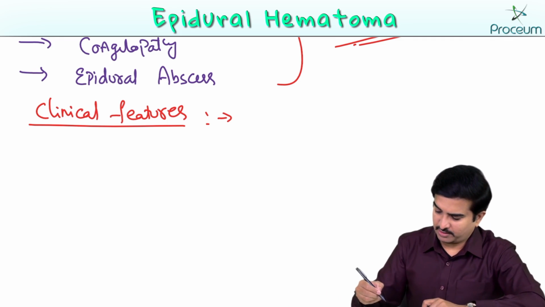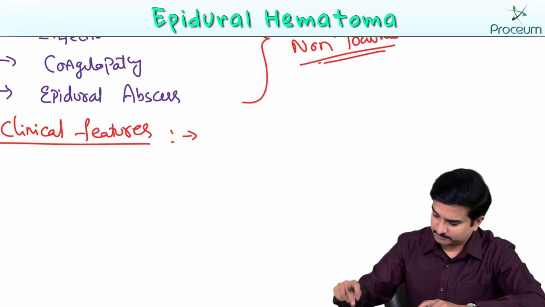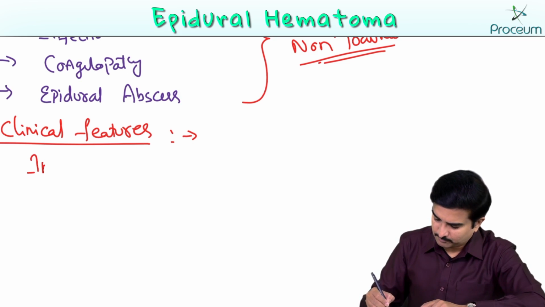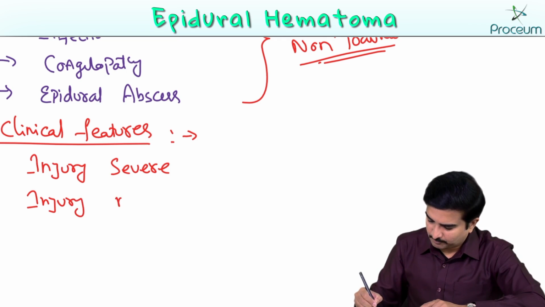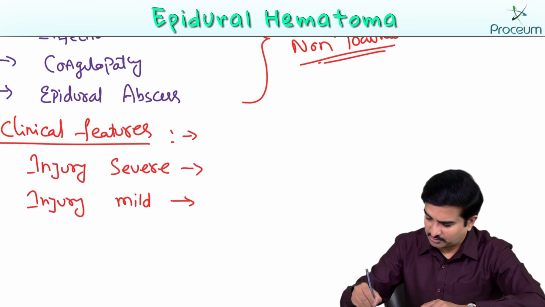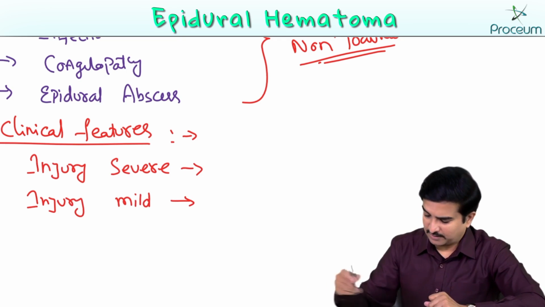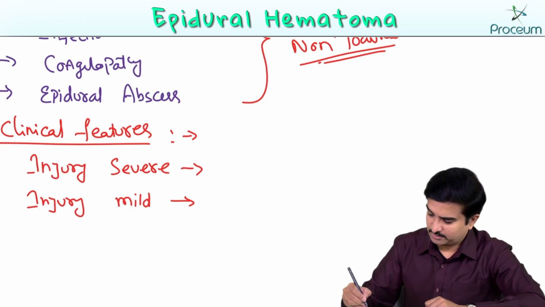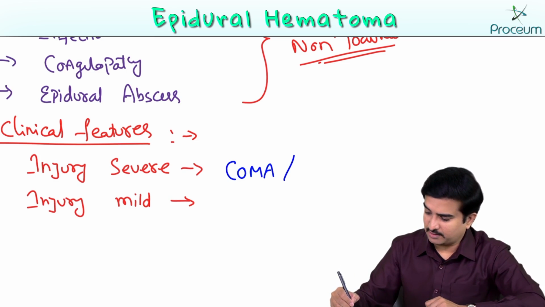So the important points we need to write here are: if the injury is very severe, and if the injury is mild, or better to mention less severe instead of saying mild, okay, less severe. In such conditions, what will happen? If it is very severe, the patient may go into the condition called coma, or it even leads to death.